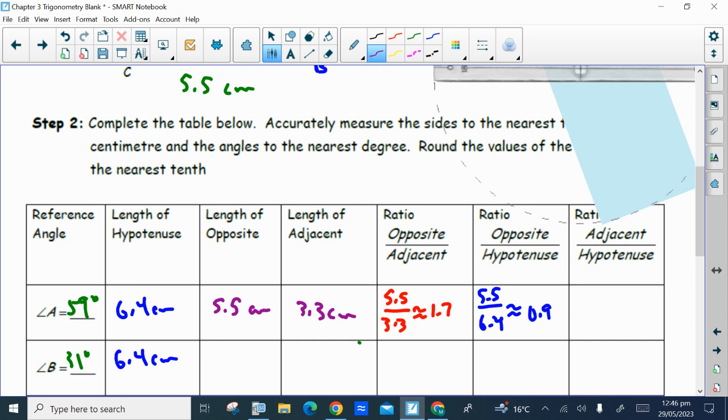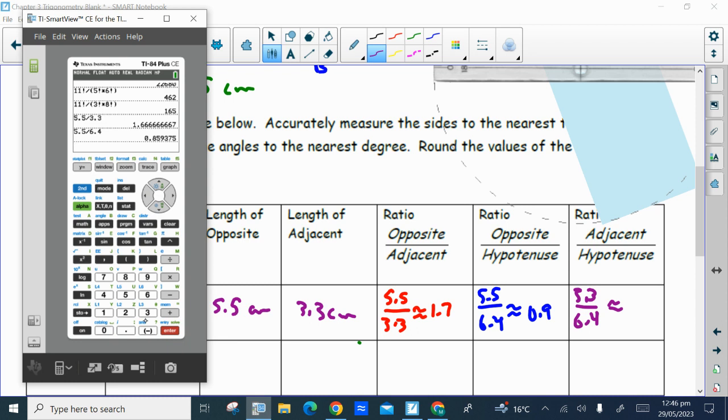And if we go the length of the adjacent, which is 3.3, divided by the hypotenuse of 6.4, and we round to the nearest tenth, it's approximately 0.5.